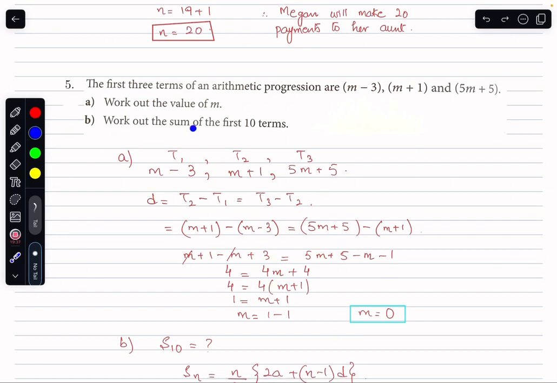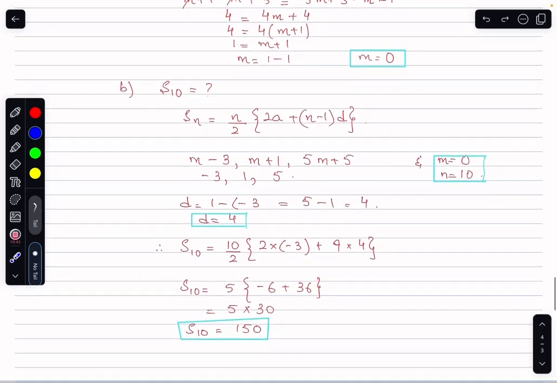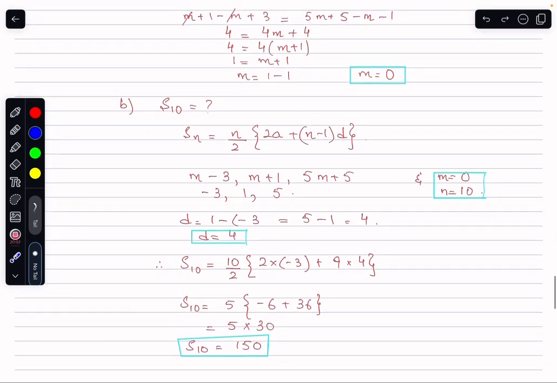Second part, work out the sum of the first 10 terms. So for the sum of the first 10 terms, obviously we have to apply the formula. We have the value of n, which is 10 in this case, and we also have m equals 0. The sum formula is n by 2 times (2a plus (n minus 1) times d). We are given the first, second, and third terms, in which m was 0, which we already found in part A. Therefore, the first term is negative 3, the second term is 1, and the third term is 5.